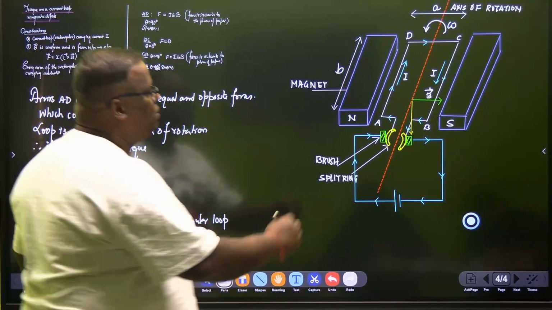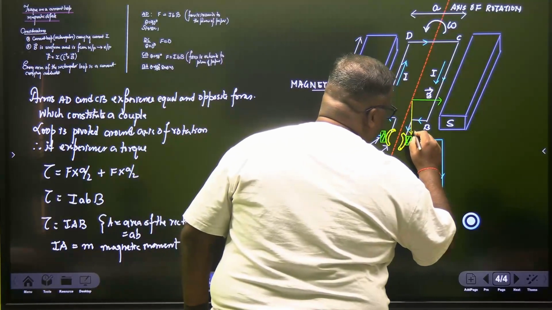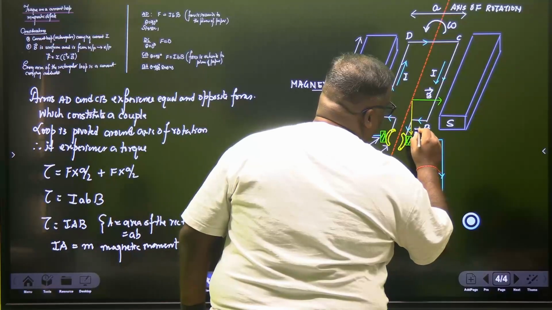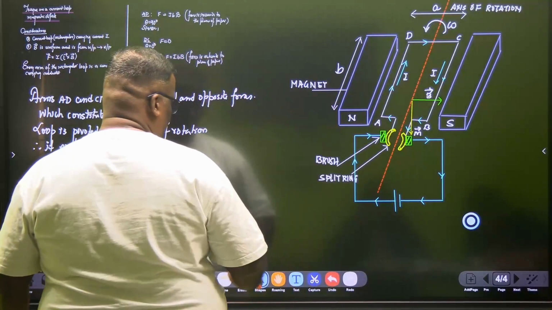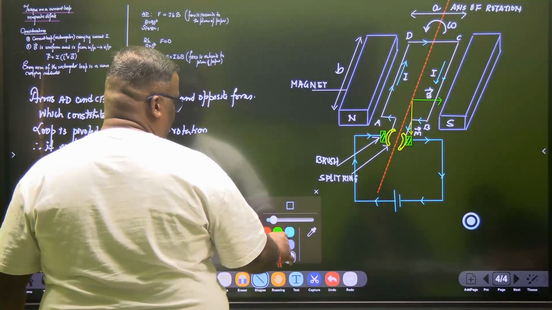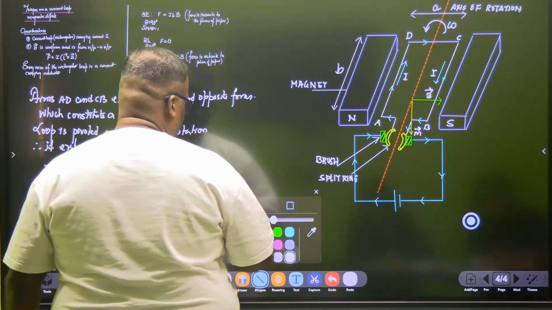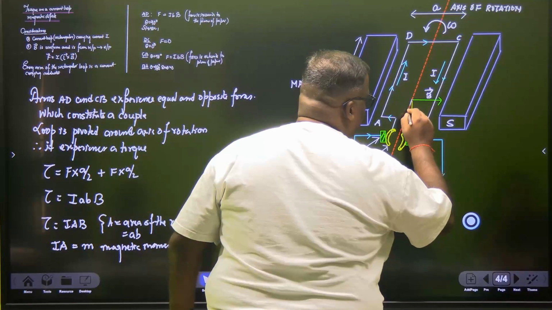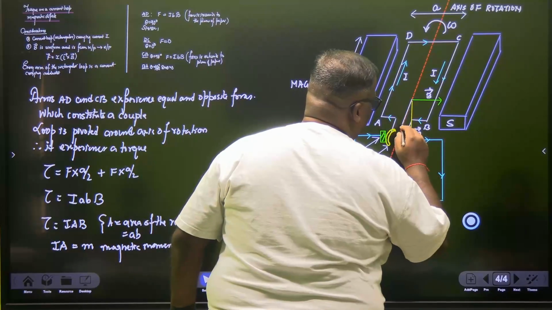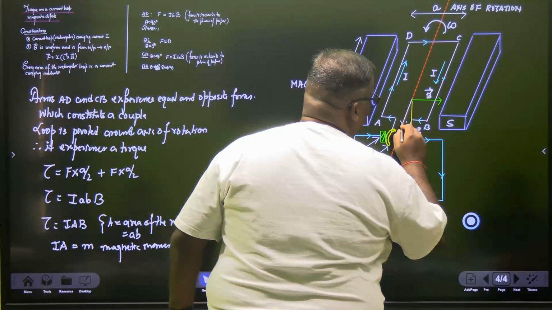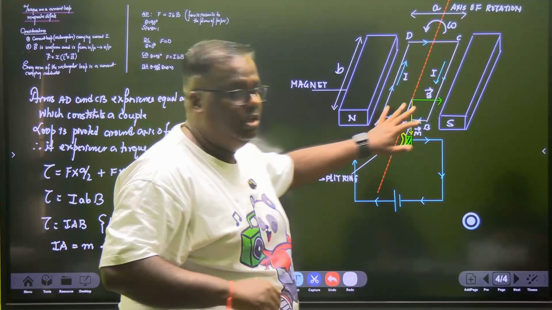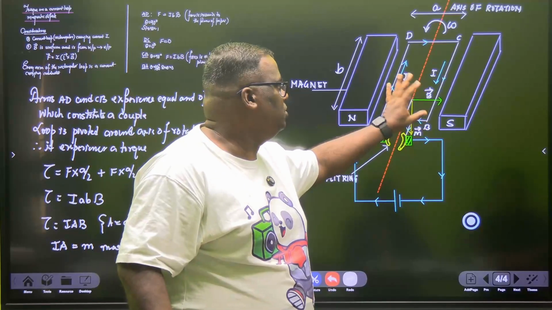And I had left this yellow arrow, right? This yellow arrow is actually the magnetic moment, M. And now time has come for me to also give the direction of the torque. So where do we create the torque? The torque will be exactly in this direction, because my loop is rotating in this manner.